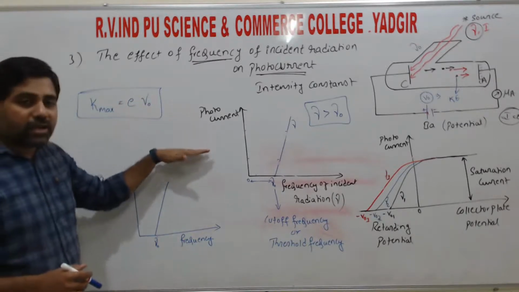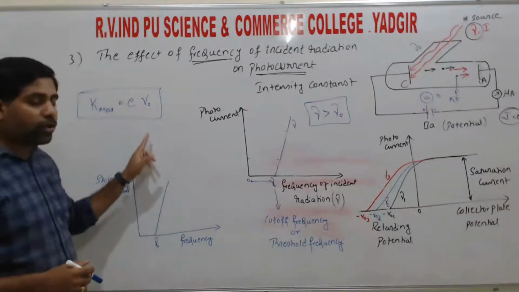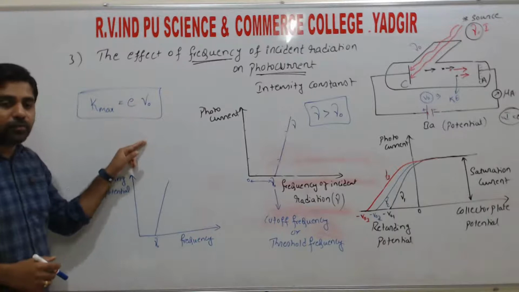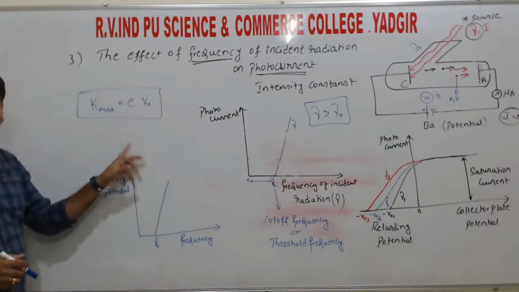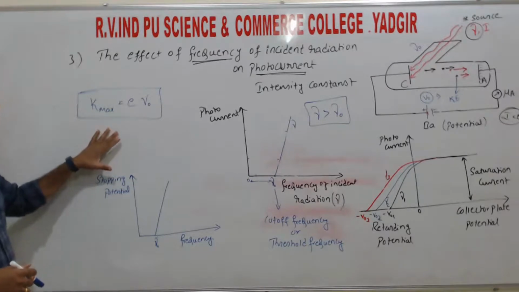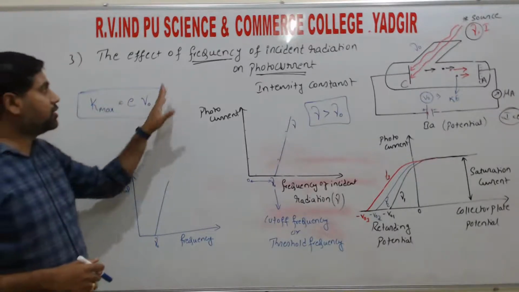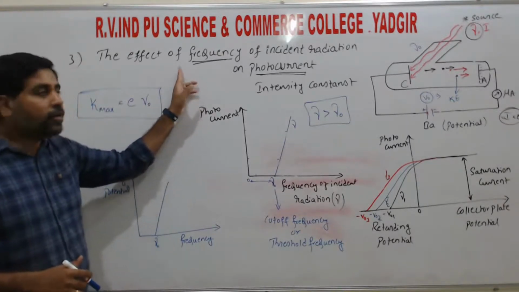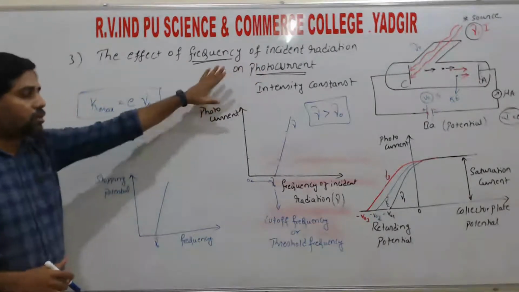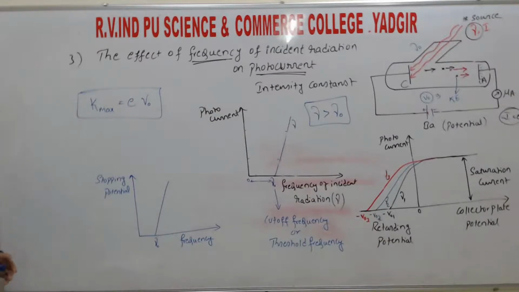If the energy is more, then the stopping potential is also more. If the frequency is more, then the stopping potential is also more, right? So these are the experimental observations of the frequency of the incident radiation on the photo current. This is the third one.